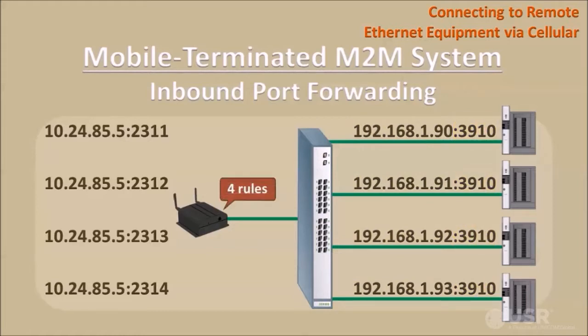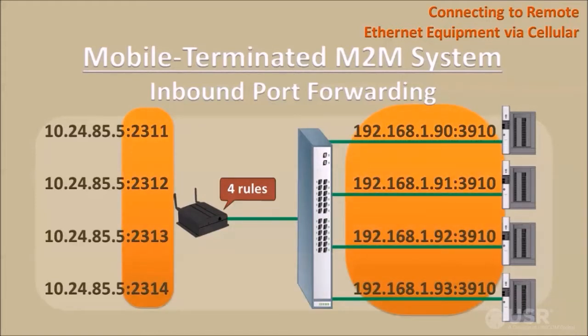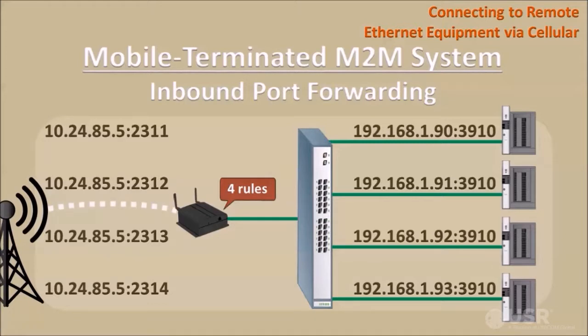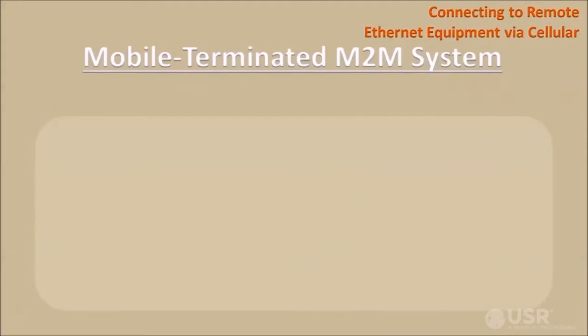Using this approach, the cellular gateway is configured with a port forwarding rule for each target unit, each rule translating a destination port number into a target IP address and port. The benefit of this approach is the lower monthly cost of just one cellular data plan. That's how a mobile terminated cellular M2M system works.